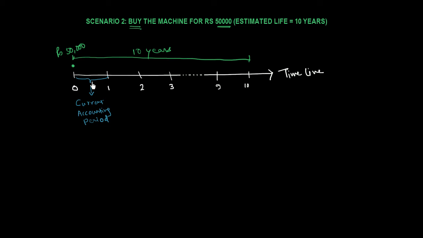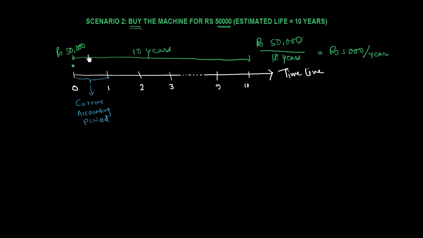If we divide the cost of the machine by the useful life of 10 years, that is, 50,000 rupees divided by 10 years, the 0 cancels out and we get rupees 5,000 per year.